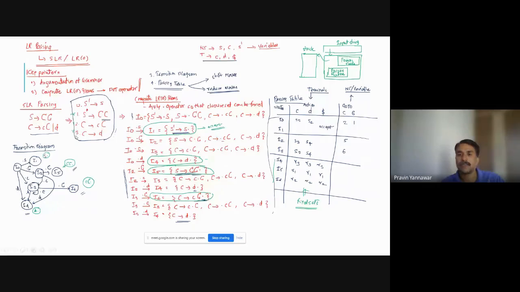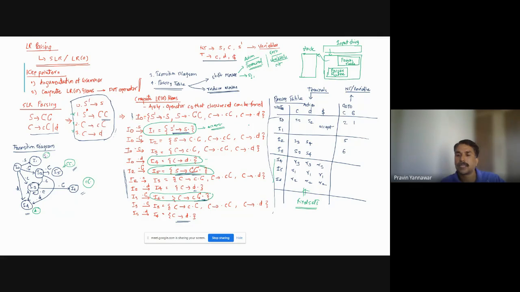And the rest are the shift moves. If you look at the shift moves, the action part is with terminals, and the goto part is with variables, or non-terminals. The shift moves are written S1, S2, S3, where the number represents the set number. So these are shift moves.